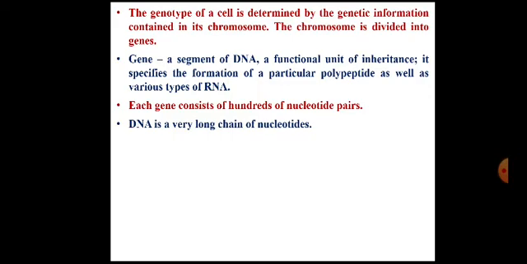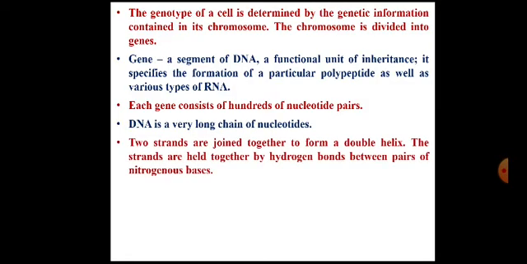One nucleotide consists of phosphate, sugar, and a nitrogenous base. One nucleotide is attached to another, and this is how it continues. It leads to the formation of a long chain of nucleotides, which is called a polynucleotide, which we call a gene.